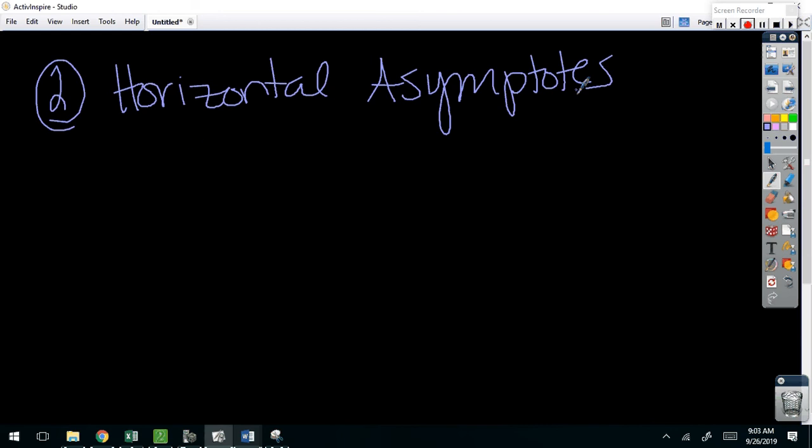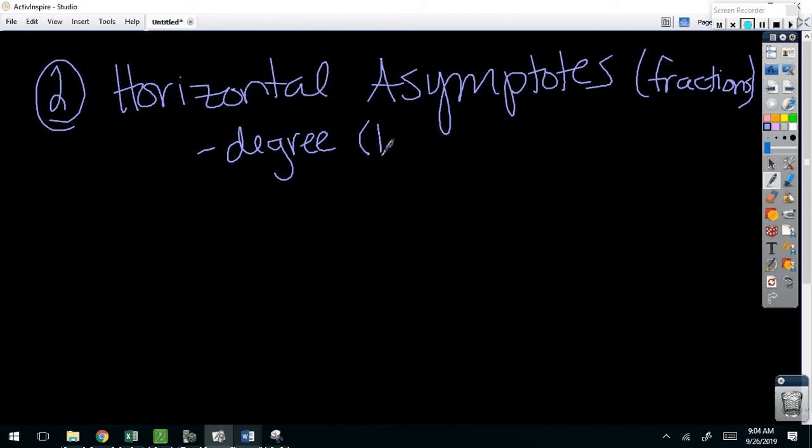So what we have to look for is the degree. And this happens when we have fractions, by the way. We have to look for the degree in the top and bottom. So by degree, what do I mean? What's the degree of anything? The biggest exponent.